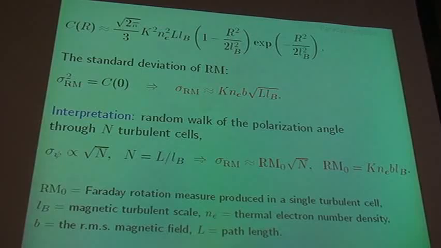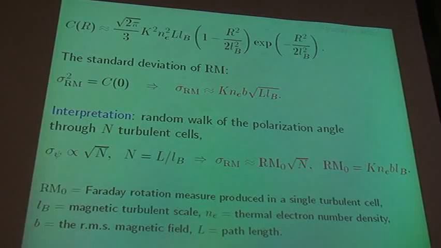This will be equal to sigma RM, the standard deviation for perfect resolution, divided by what? The square root of the number of turbulent cells within your telescope beam.